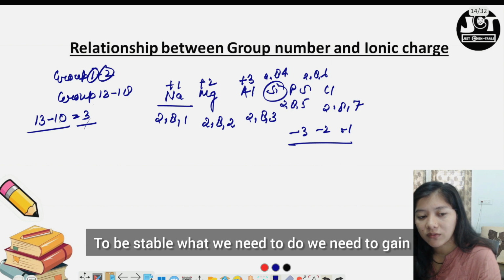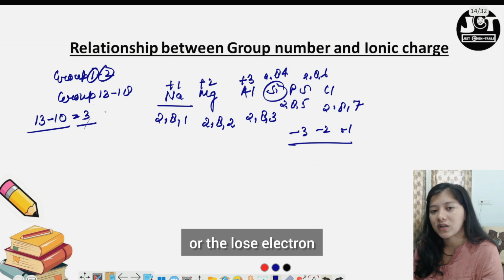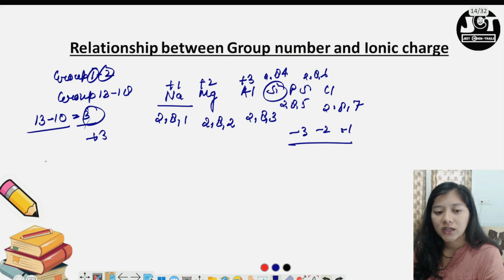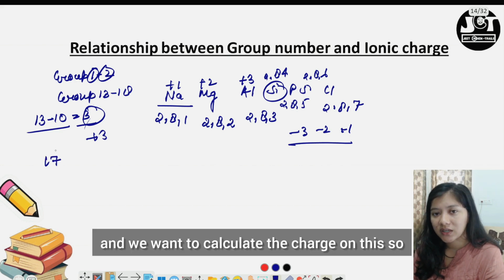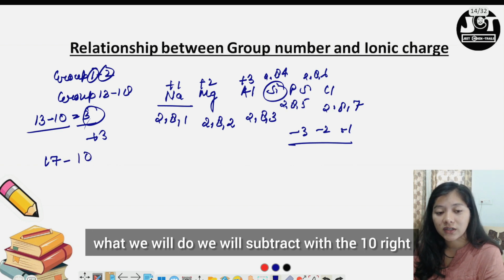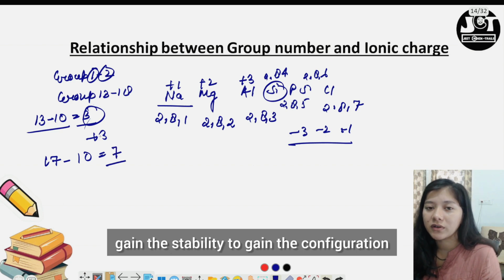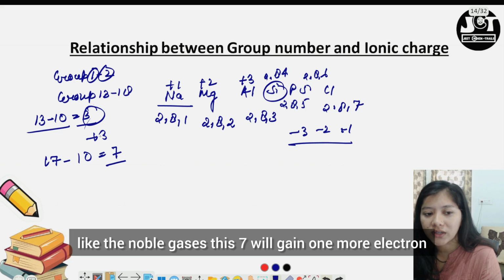And then I think you can calculate, right? To be stable, what do we need to do? We need to gain or lose electrons. So normally we lose electrons, that's why it's +3. In the same way, if I have group number 17 and we want to calculate the charge on this, what will we do? We will subtract 10, right? Same way. So now we will have 7 electrons. To gain stability, to gain the configuration like the noble gases, this 7 will gain 1 more electron.